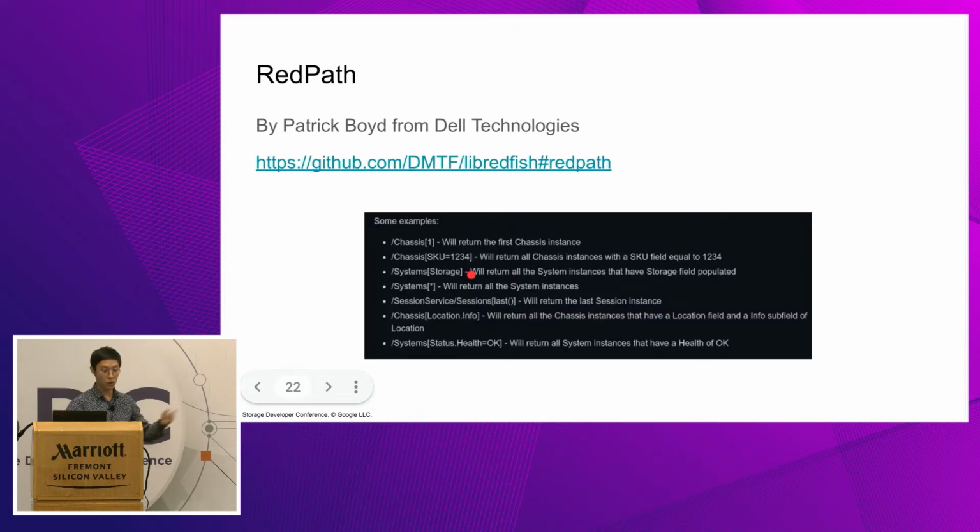So RedPath, a quick summary of it, it's based loosely on XPath. It's actually by Patrick Boyd from Dell Technologies. And these are some examples that he's provided: this is one way that you can return the first chassis instance, or how to get a chassis instance matching a particular SKU, or how to get all the systems, or getting all the chassis that have location info.